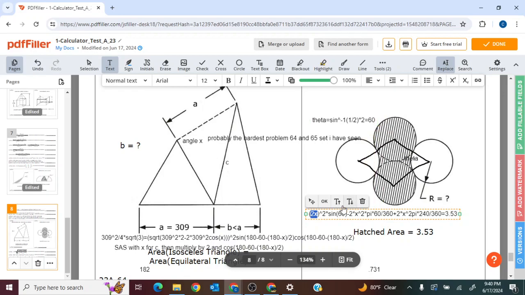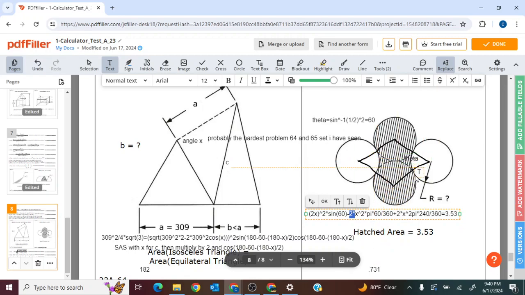So you do that, 2x squared times sine of 60, that's the area of a rhombus given a side length, s squared times sine of theta, and then you subtract 2 times x squared times pi times 60 over 360, which are these things right here.